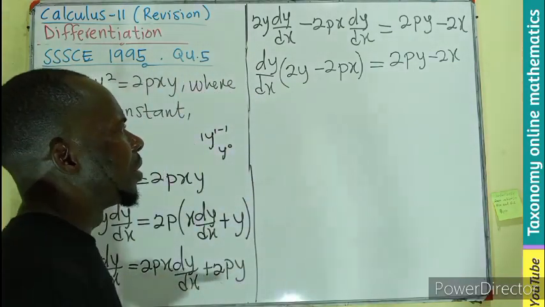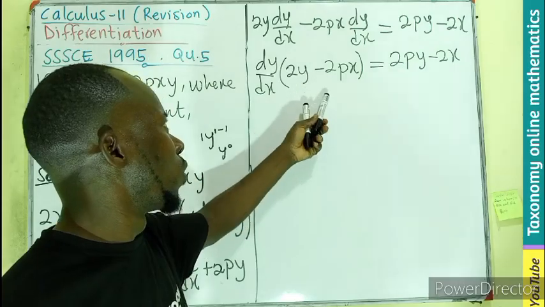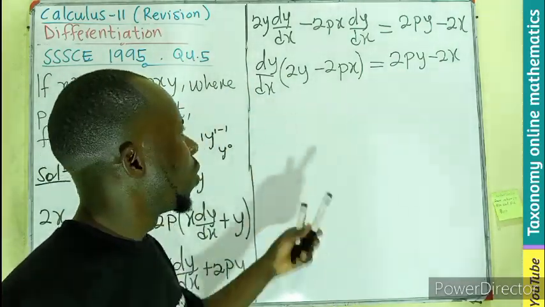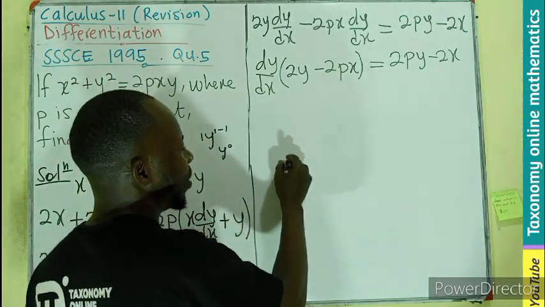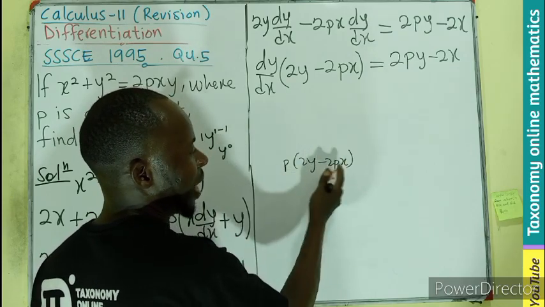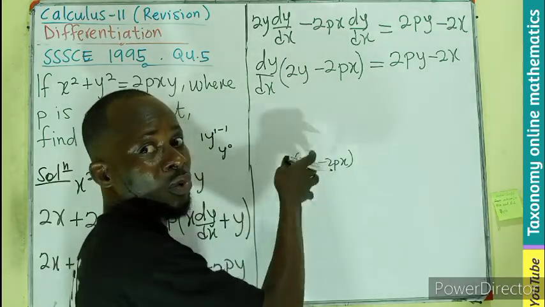So this is taken as the coefficient of dy/dx. If I take dy/dx as, just say, p, I'll be having 2y minus 2px here. So this is what I'm not interested in, so I'll divide both sides by that coefficient.